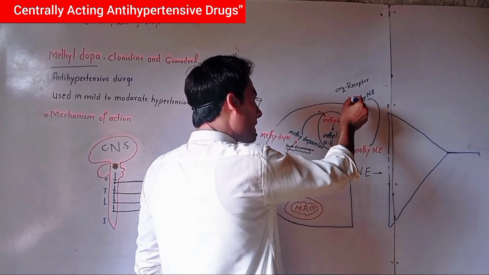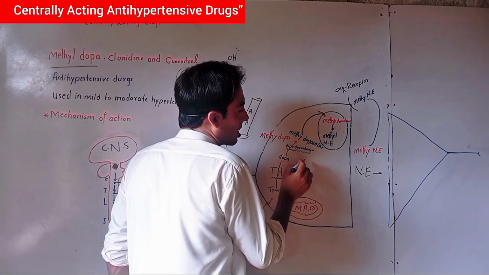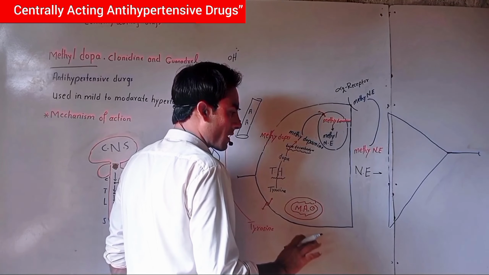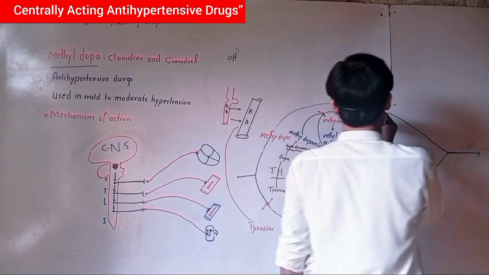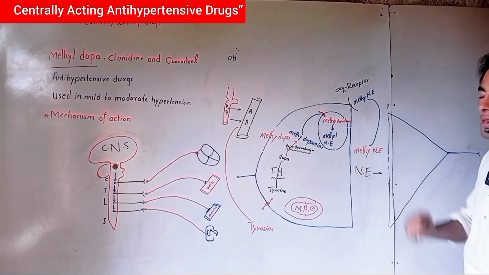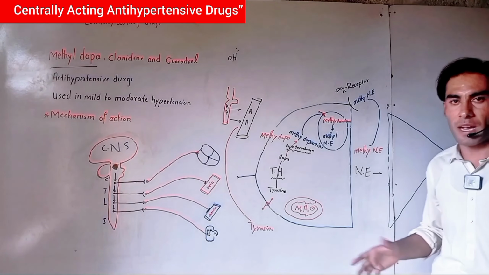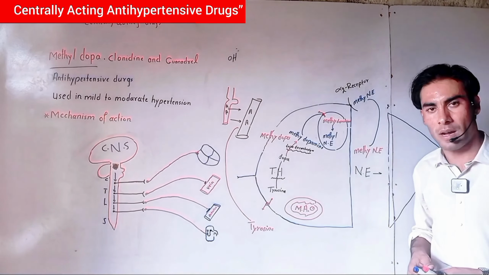When the alpha 2 receptor is stimulated, it inhibits the further release of norepinephrine. So norepinephrine is not released because methyl norepinephrine stimulates the alpha 2 receptor, and the alpha 2 receptor inhibits further release of norepinephrine. So this is the biochemistry of the nerve ending and methyl dopa.